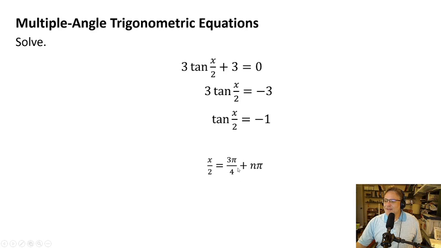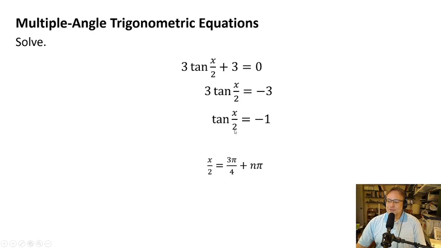So even though we have a single solution, if we're solving it on the home range of tangent, that's negative pi over 2 to positive pi over 2, or if we're choosing a different home range of 0 to pi, that would just be 3 pi over 4.